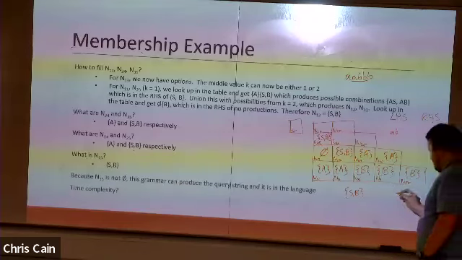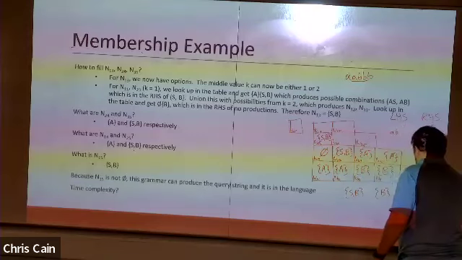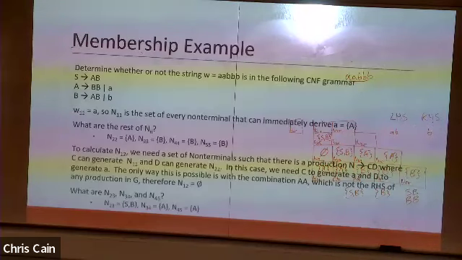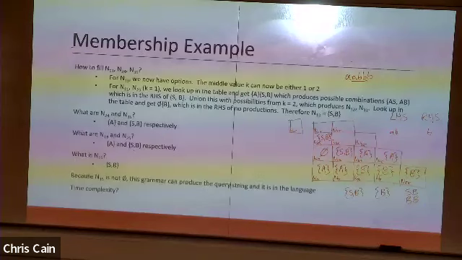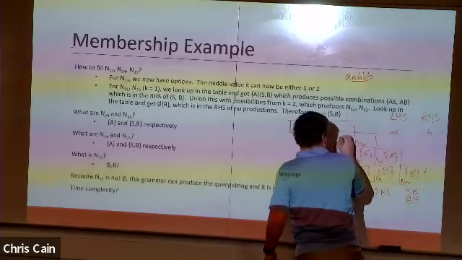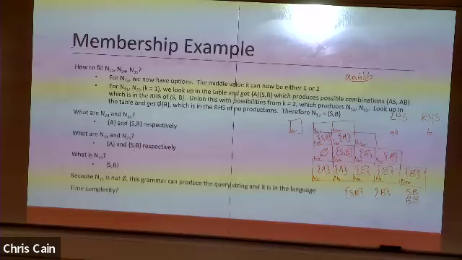Four, four, which is the set B. This can produce either SB or BB. Looking back at our grammar, where can we find either SB or BB on the right-hand side of a production? Okay. A. So between the two of these, the first one was the empty set. The second half was just the set containing A. So when we union those together, we get the set that contains A.